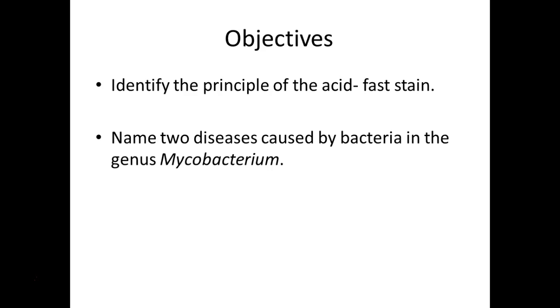These bacteria fall into a particular genus called mycobacteria. So if you have a bacteria, and you stain it with the acid-fast stain and it comes out acid-fast, then you know you're probably looking at a mycobacteria. So in that case, one of the major reasons we look at it is the type of diseases that these organisms can cause. Now, don't panic.